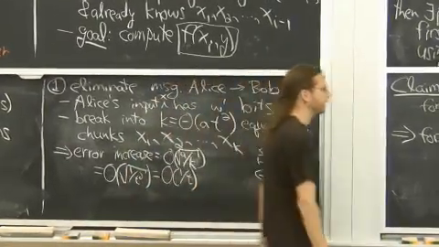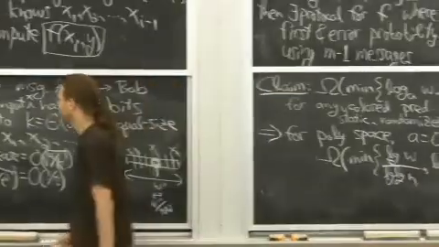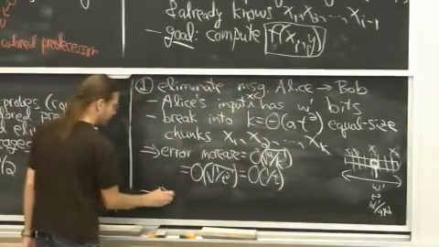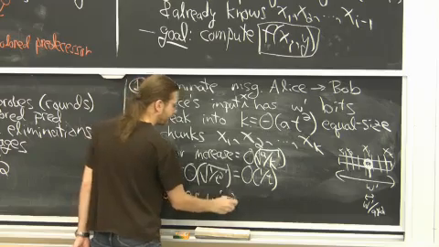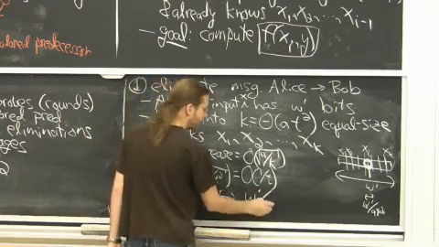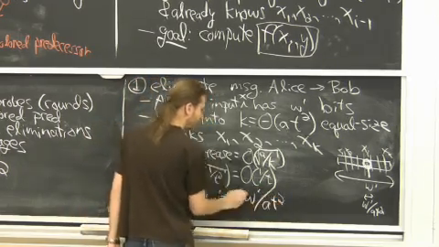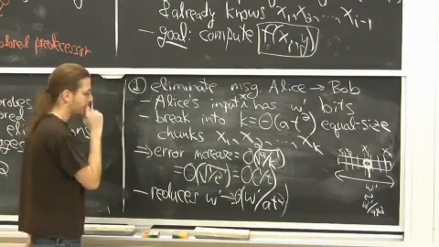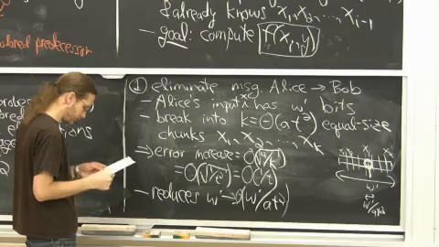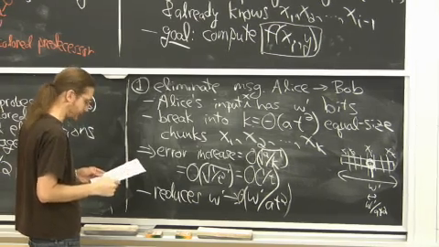Okay, so this round elimination reduces w prime to w prime divided by theta of a t squared. Okay, I think that's all I need to say at this point.